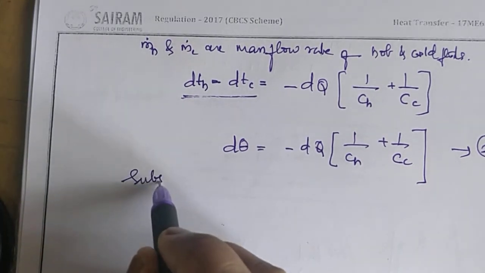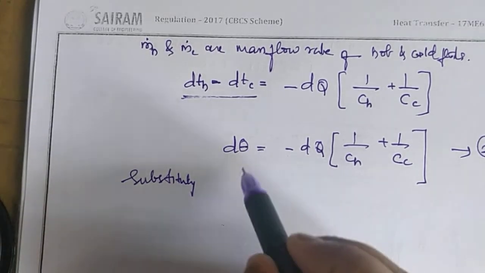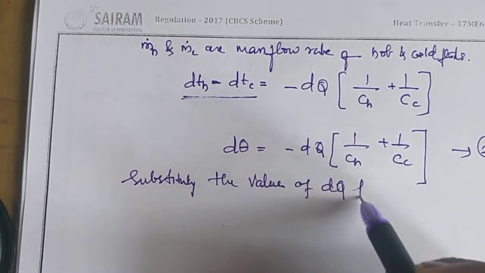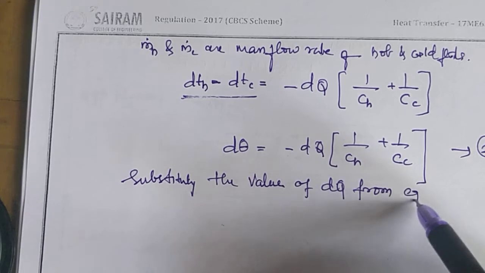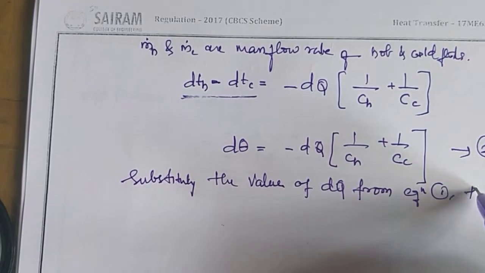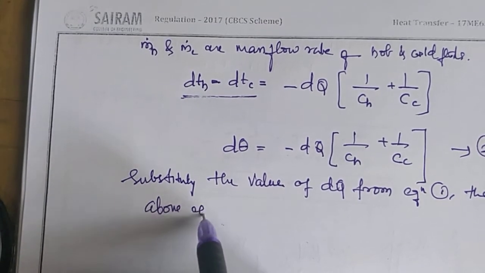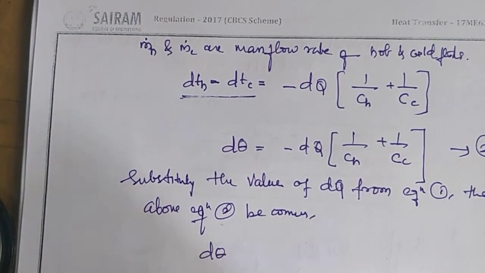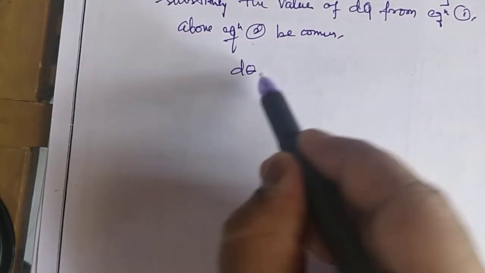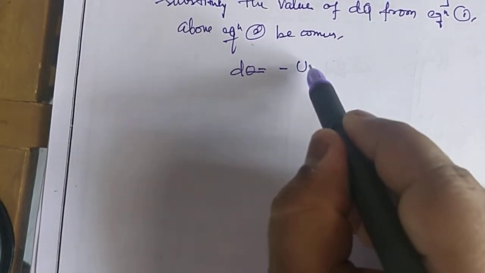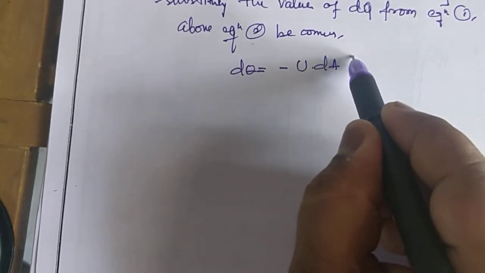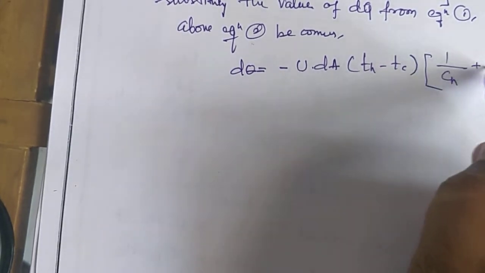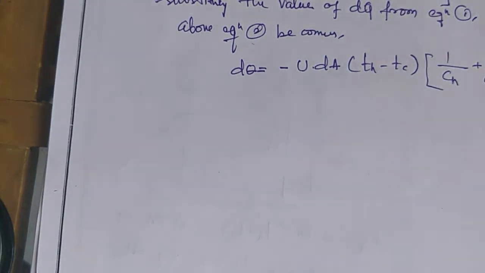Substituting the value of dq from equation 1, equation 2 becomes d theta is equal to minus u dA (TH minus TC) into bracket 1 by CH plus 1 by CC.